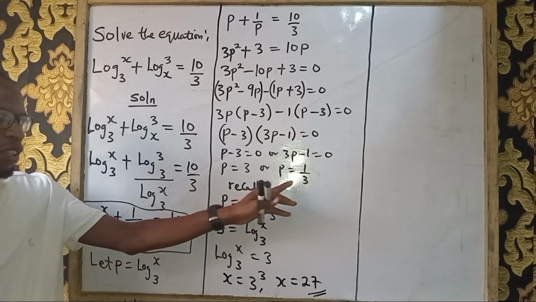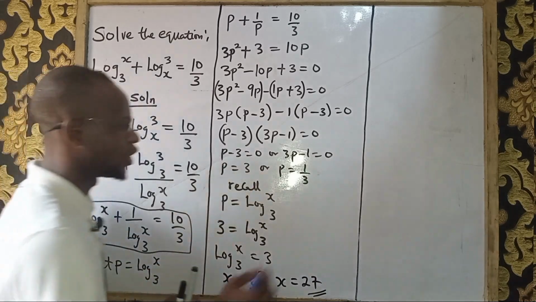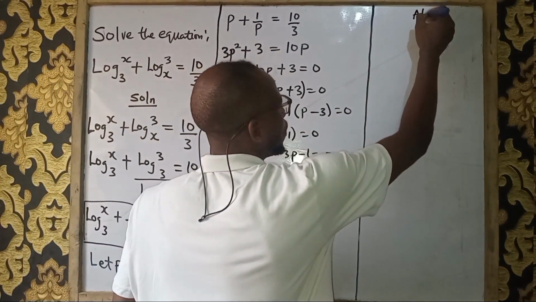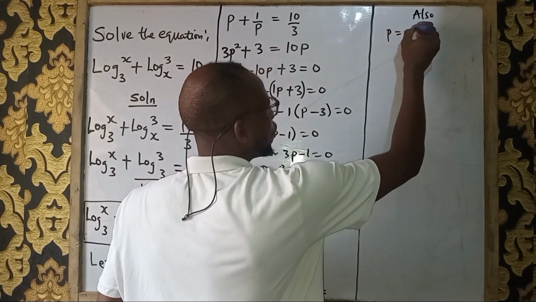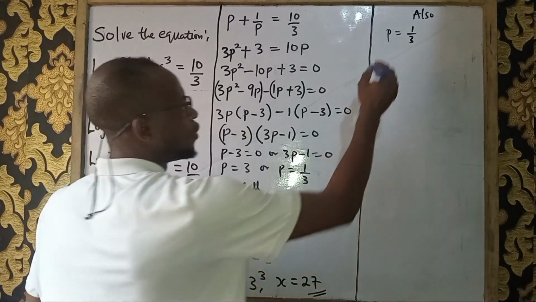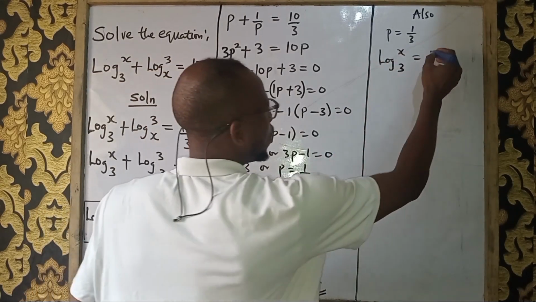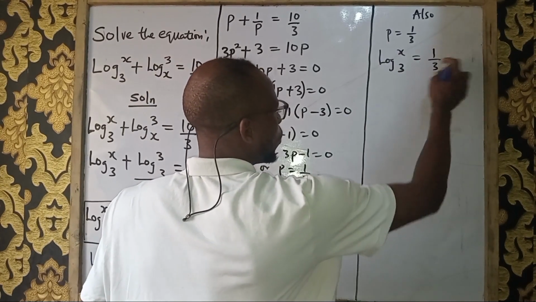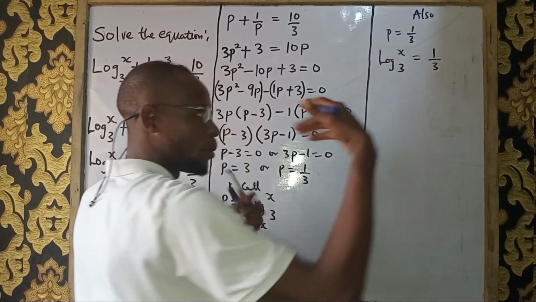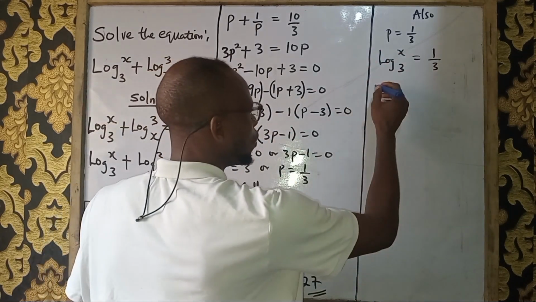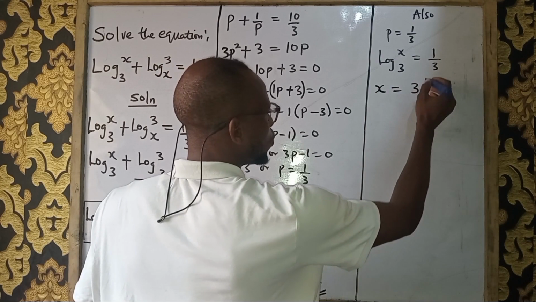So we also have to use the second value of p, which is 1 over 3. When p is equal to 1 over 3, we will have log x in base 3 is equal to 1 over 3. So when you log both sides as well, you will have x equal to 3 raised to power 1 over 3.